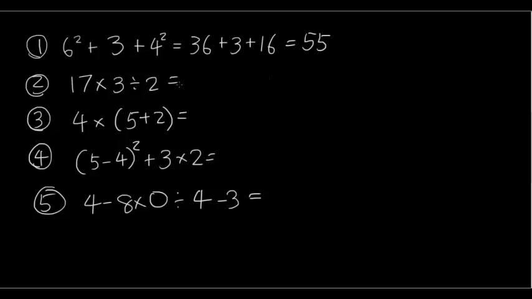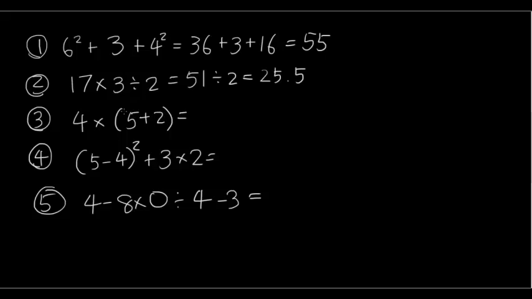The second one, 17 times 3, because times and divide belong to the same level, we're going to just work from left to right. So 17 times 3 is 51, divided by 2 is 25.5.